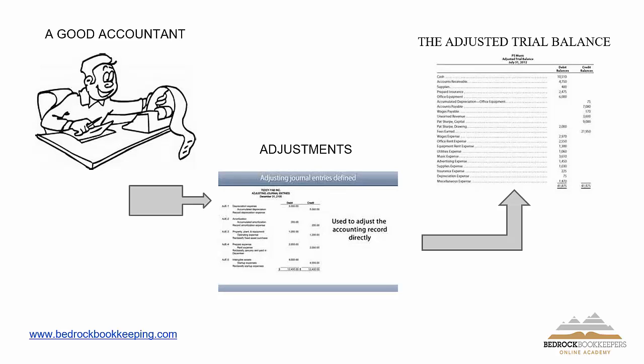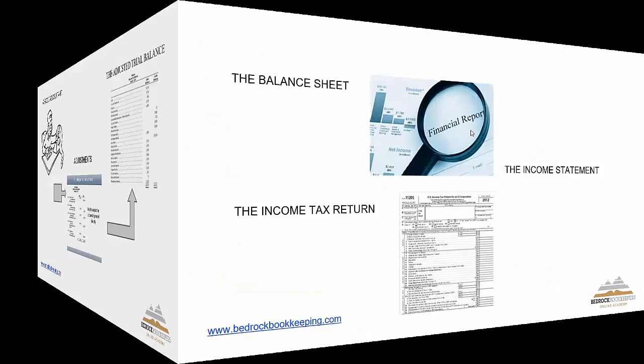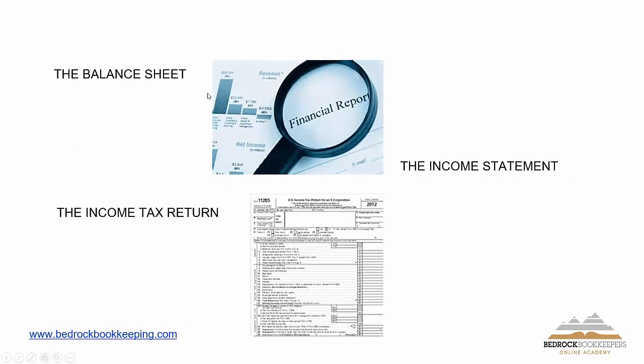We're going to record depreciation. We're going to record accrued expenses. We're going to record interest expense. And we're going to transform the unadjusted trial balance into an adjusted trial balance, which then gets separated into the balance sheet, the income statement, and then finally recorded on a tax return.